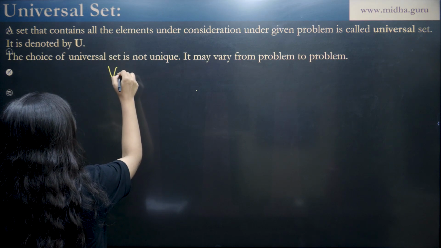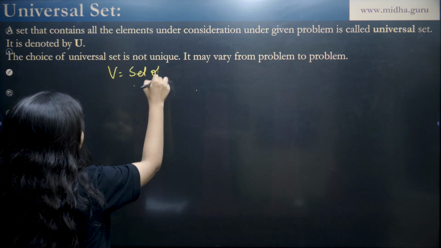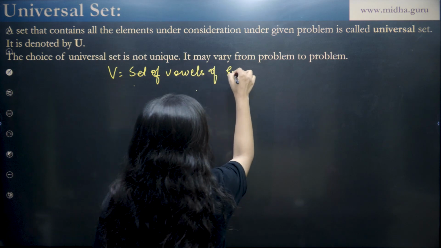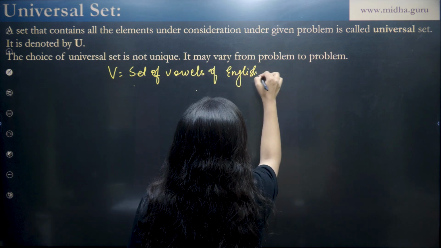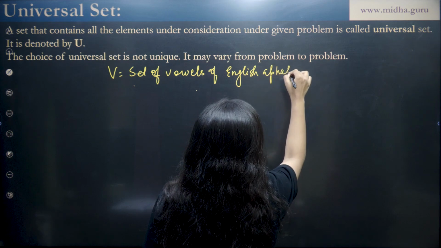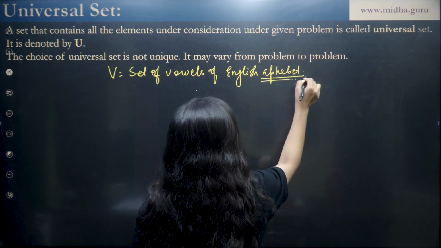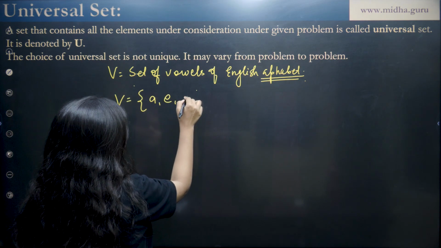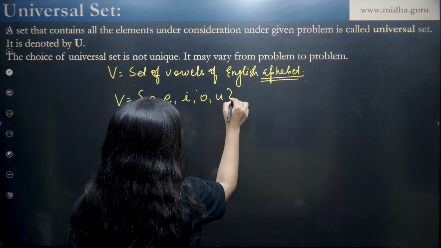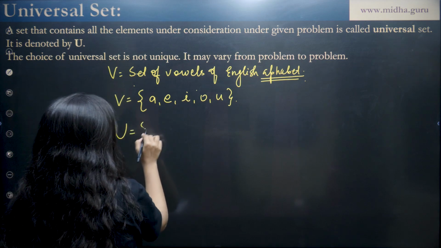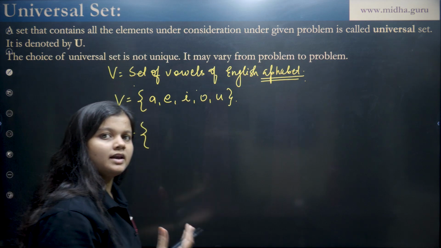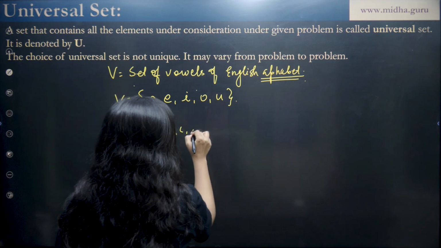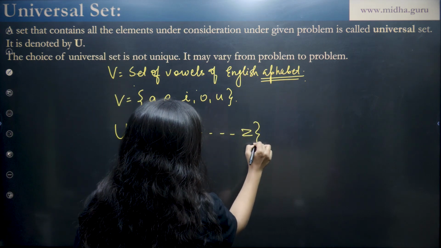Let us take V, the set of vowels of the English alphabet. So the set is A, E, I, O and U, and the universal set of this can be all the letters of the English alphabet, that is A, B, C, D up to Z, right?